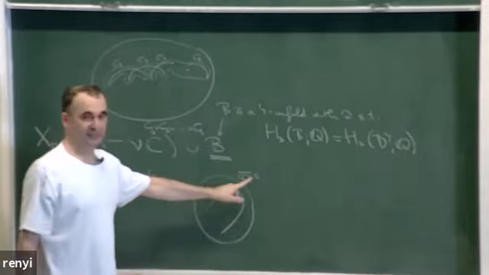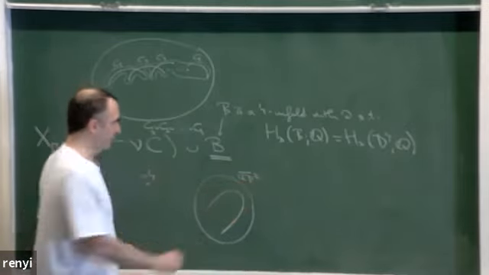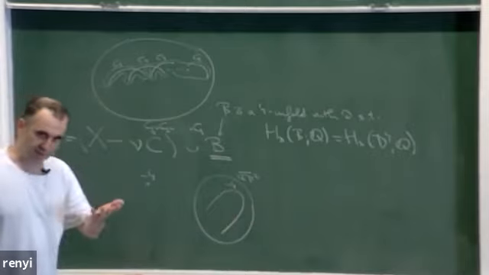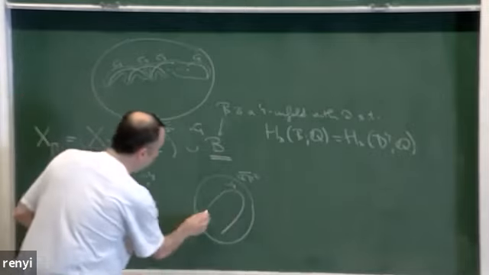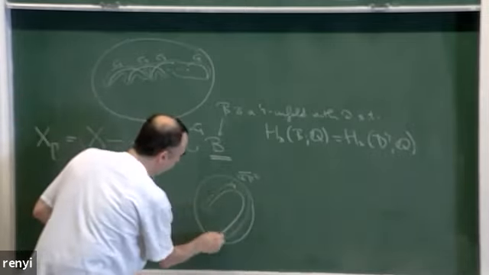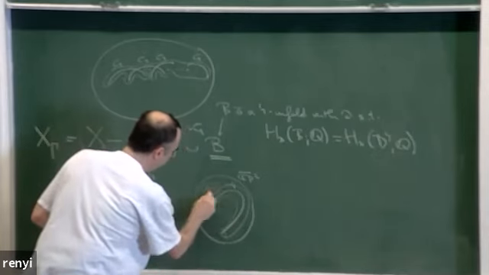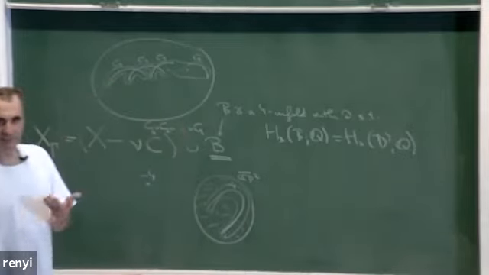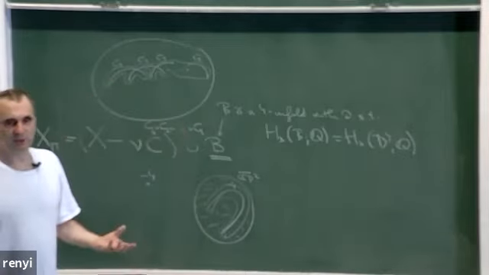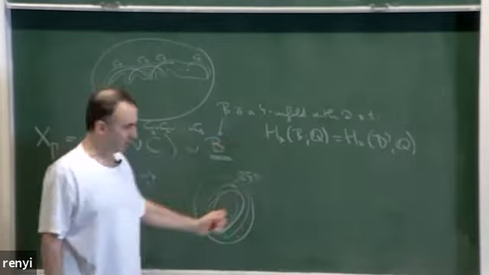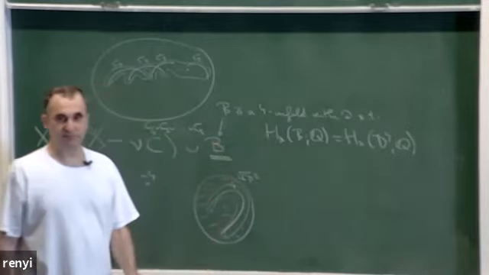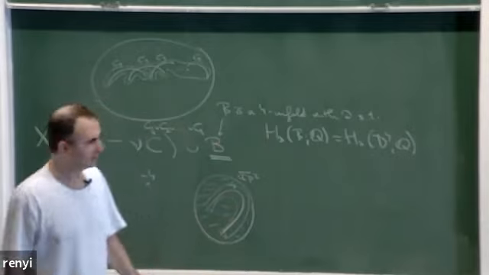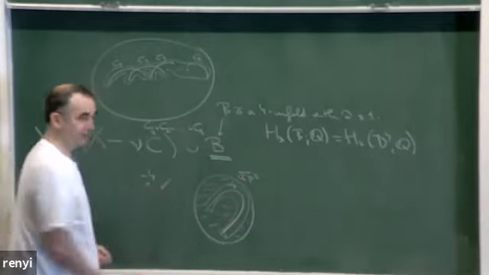This has self-intersection 4 in CP2, so it has self-intersection -4 in CP2 bar with the reverse orientation. Let's take the tubular neighborhood of this guy and consider the complement. The complement doesn't have any rational homology, because the generator of CP2 picked up all the homology, so there is not much left. So for this guy, we are done.